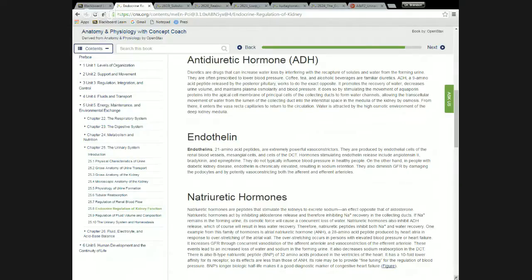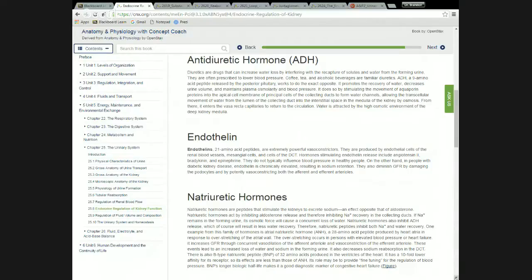Now, natriuretic means to pass sodium in your urine. Okay. So if you excrete sodium in your urine, you're also going to excrete excess water. It's sort of the opposite of what aldosterone does. Aldosterone retains sodium and therefore water. Natriuresis is passing sodium and therefore water, lowering blood volume and lowering blood pressure.